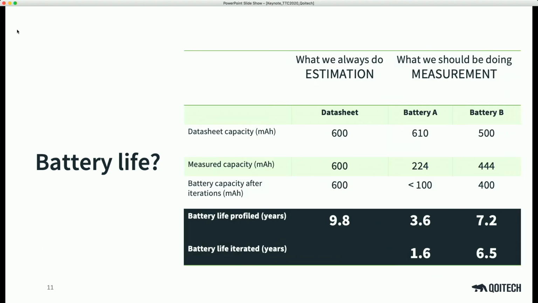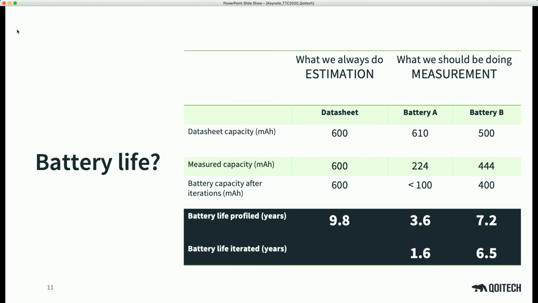I want to give you an example. We have done many studies with this, but this is one of them that is going to be shown in the workshop. If you're interested in what the batteries A and B are, you should talk to the people outside in the booth.